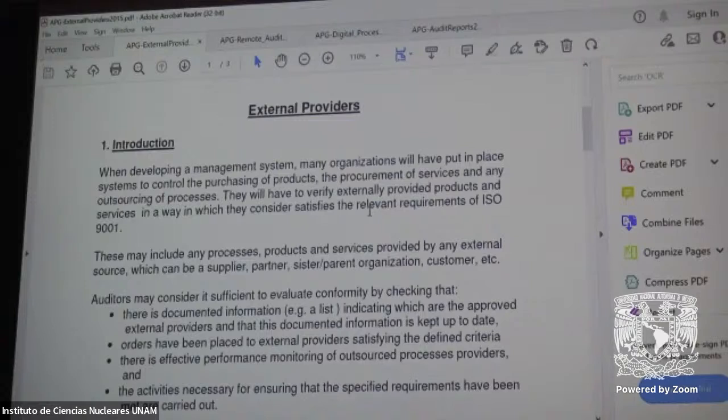I talked a little bit yesterday about the differences between processes where you as the organization understand that process and you as the organization do not understand that process or don't have expertise in running the process. How do you ensure that the organization controls those two different types of situations?